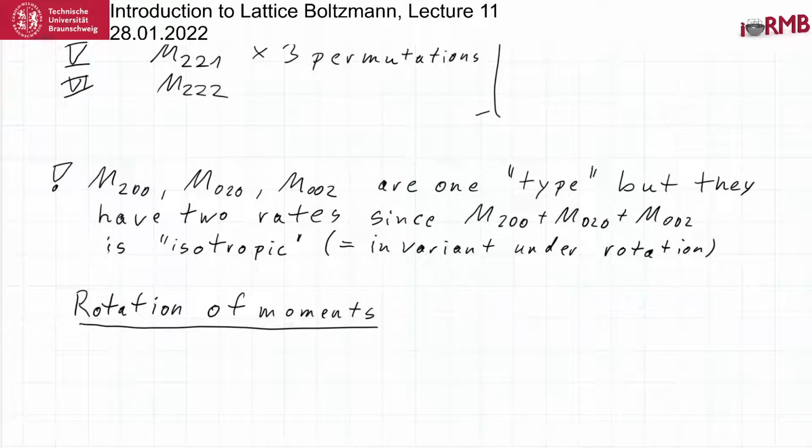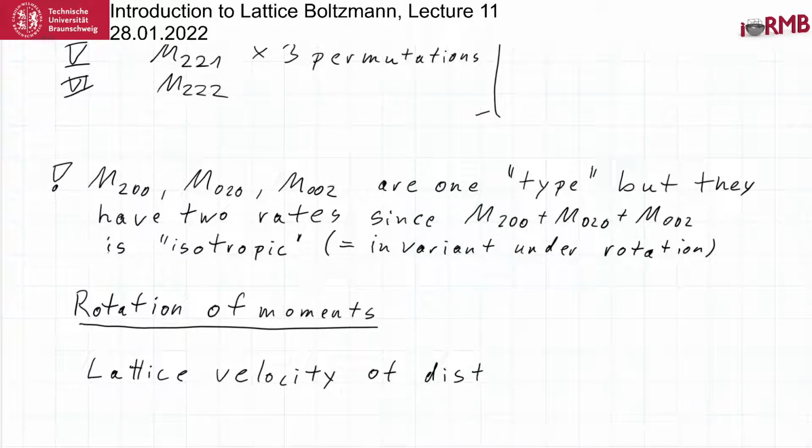Okay, remember that a moment is defined by an integral over velocities and the distribution function, and we regard a discrete lattice distribution function, for which we look now at the velocity of the distribution.